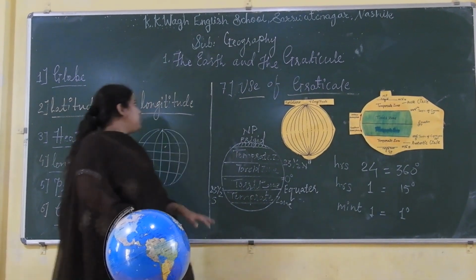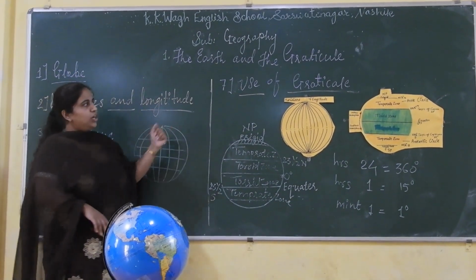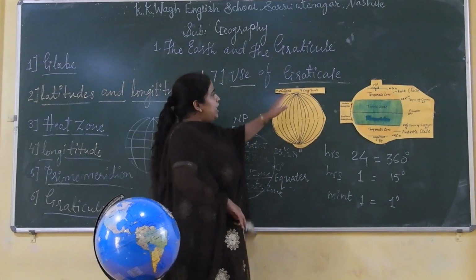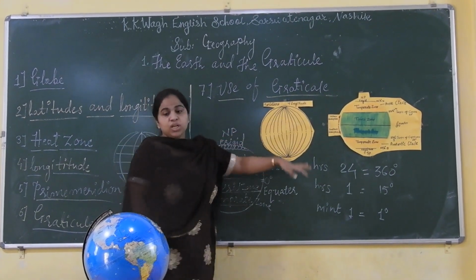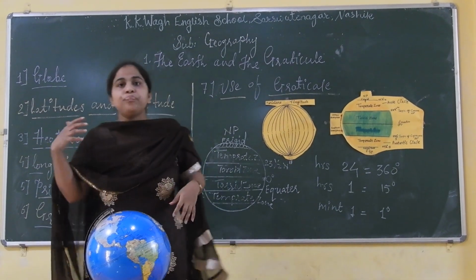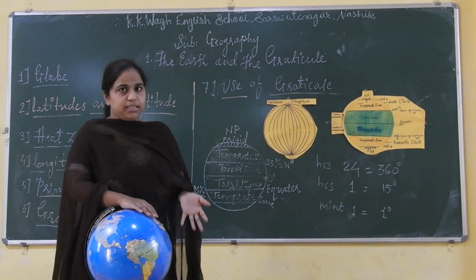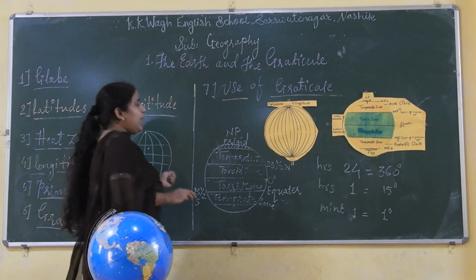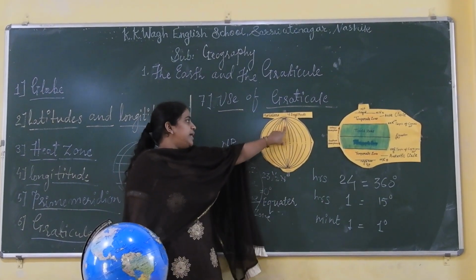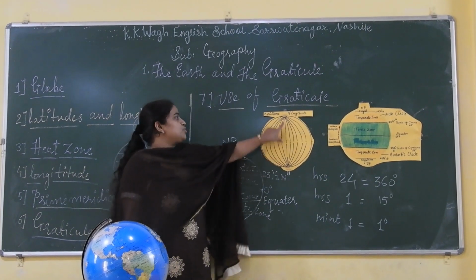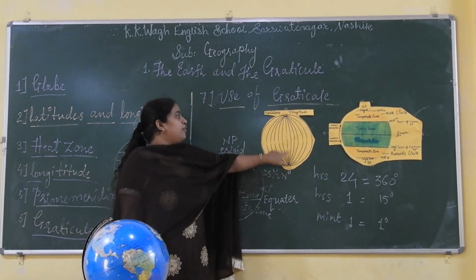After that, we are going to learn longitude. Now, what is longitude? Longitude is vertical lines which run from west to east, and there is one central longitude, which is called zero longitude.